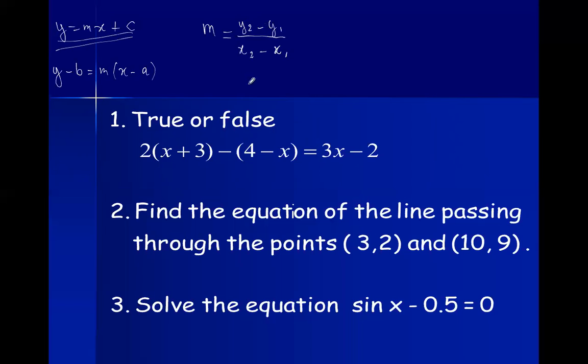What's x1? Well, x is the first coordinate, so we're going to pick x1, y1, this one. It doesn't matter if you call it x2, y2, as long as you pick one as x1, y1 and the other as x2, y2. So m is y2 minus y1, that's 9 minus 2, divided by 10 minus 3.